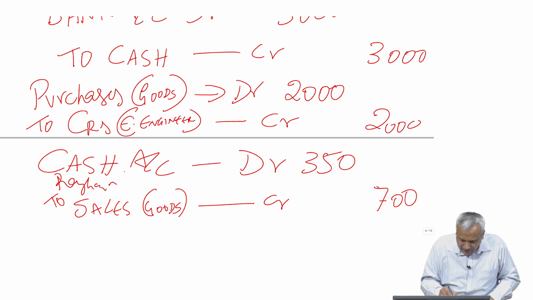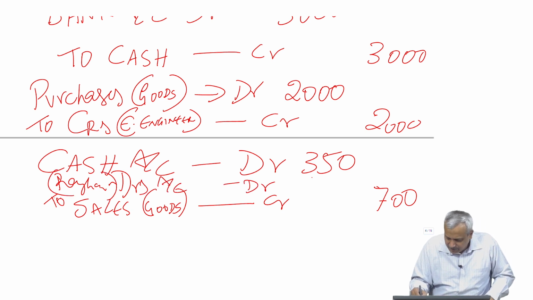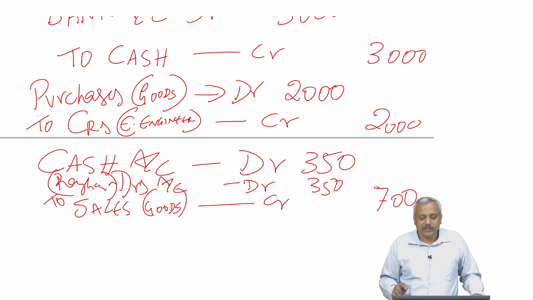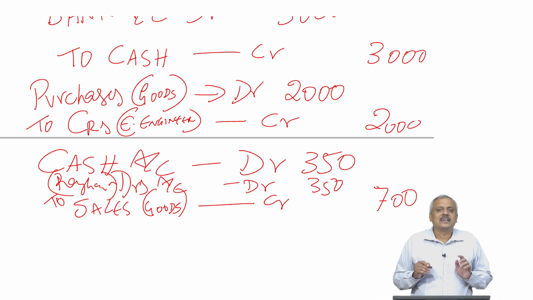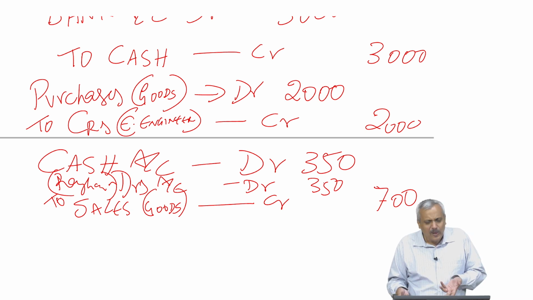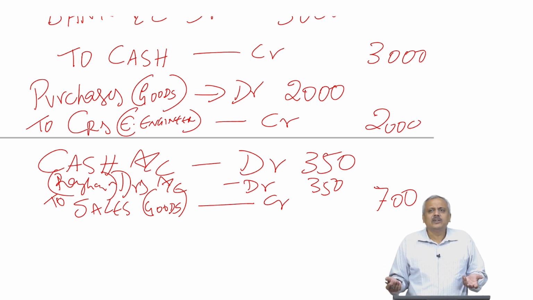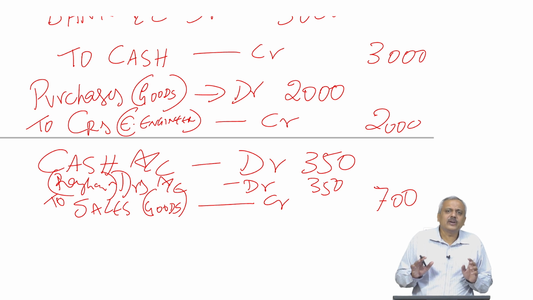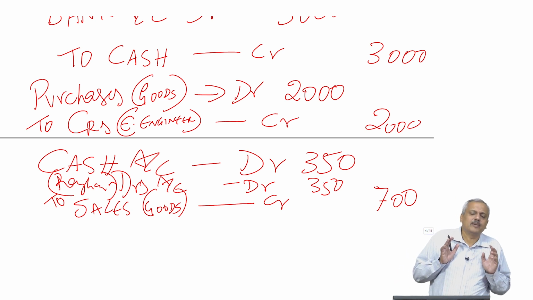In accounting, we call it the debtors account, debited by another 350. Your credit account remains exactly the same, it does not change, because that is the amount to the extent to which goods have gone out of your company. Am I with you on this?